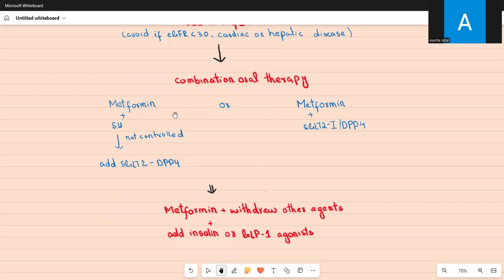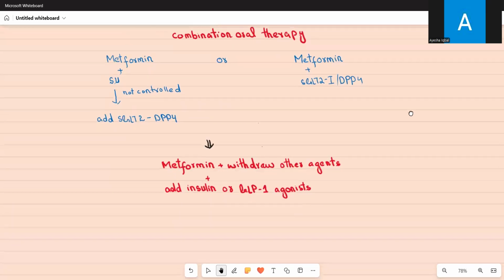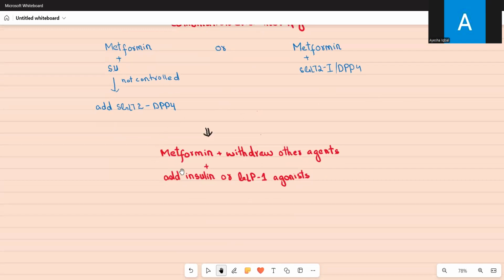Even with 3 combination drugs, if the HbA1c is not controlled, then you will continue metformin, but withdraw the other agents and add either insulin or GLP-1 agonists.